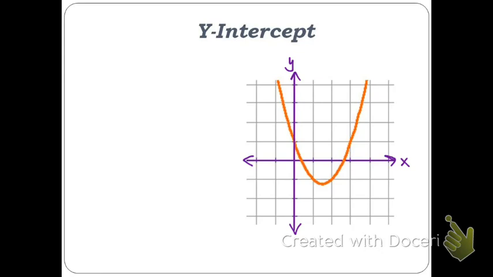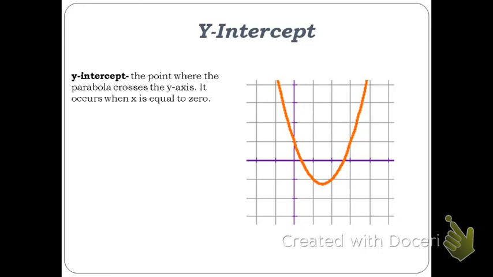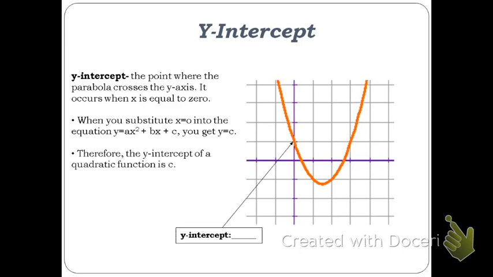Looking at these two, we can see where the parabola crosses the y-axis, and it's at this point. Anytime you write your y-intercept, you have to make sure that you identify it as an ordered pair. So for this, your y-intercept would be 0, 1. Okay, make sure to label it as an ordered pair, please.